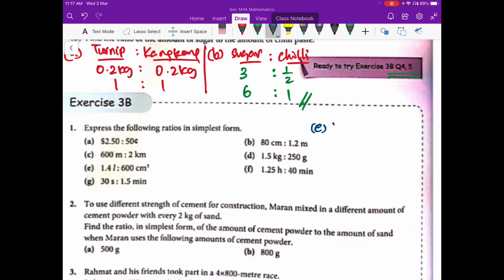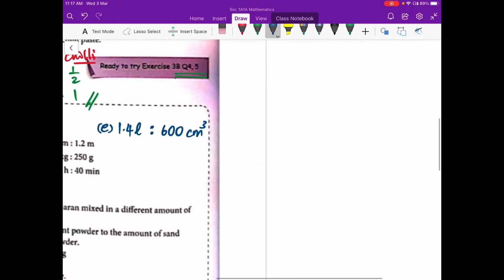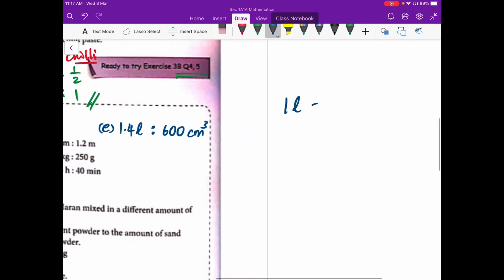Part E, 1.4 liters to 600 cubic centimeters. So just now I reminded you, 1,000 milliliters equals 1 liter. In the same way, 1,000 cubic centimeters is the same as 1 liter. Okay, so do the conversion. 1 liter equals 1,000 cubic centimeters or milliliters, same thing.